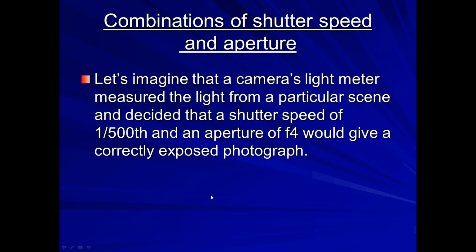For example, a very common combination is 1/500th of a second and an aperture of f4. That's a very likely combination you'd get on a normal day in Britain outside, really. So they're both middling measurements for those two things.